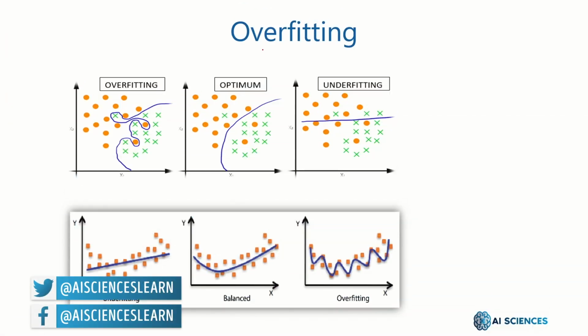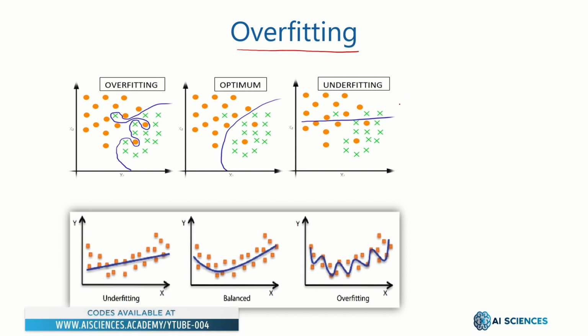As I discussed in the last video, overfitting is really a bad thing. To describe overfitting again, it is a consequence of choosing a very flexible model, and the consequence is really bad. The reason is, if you fit your training data very, very well, then you lose the chances of generalization. Generalization means how the model performs on unseen data.